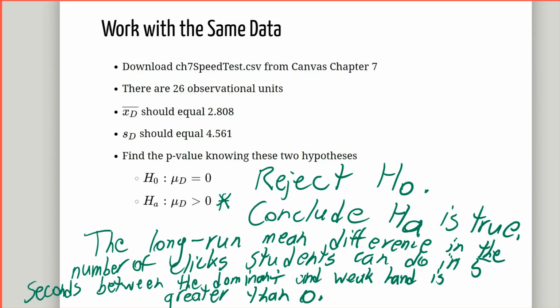In other words, students can click faster with their dominant hand than they can with their weak hand. That conclusion makes sense to me.